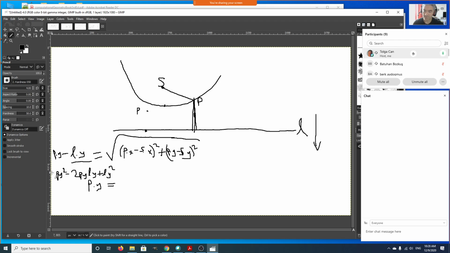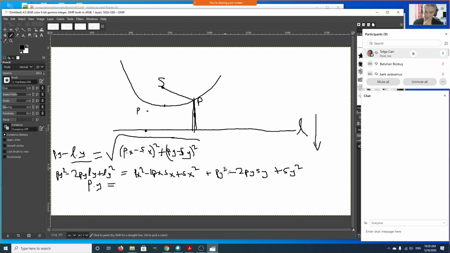This is the left hand side, and the right hand side is going to be the square of this thing: px squared minus 2px sx plus sx squared, plus py squared minus 2py sy plus sy squared. So I just take the square of both sides and open these parentheses.